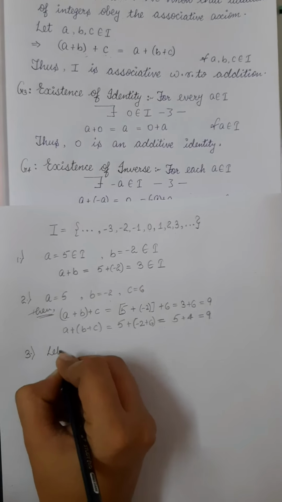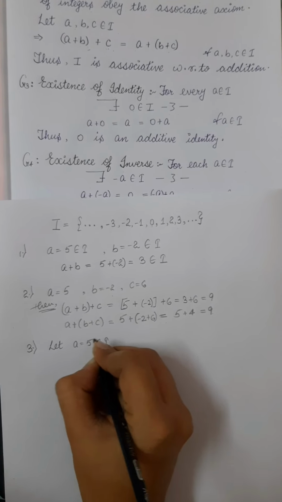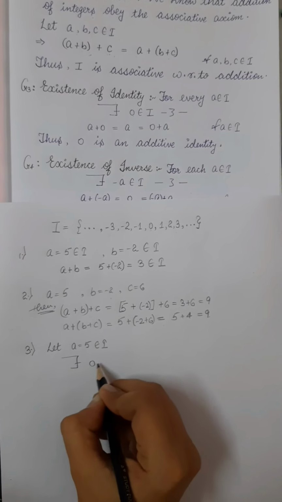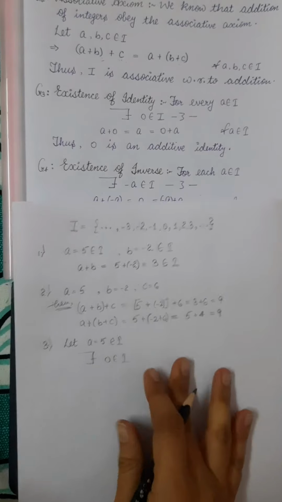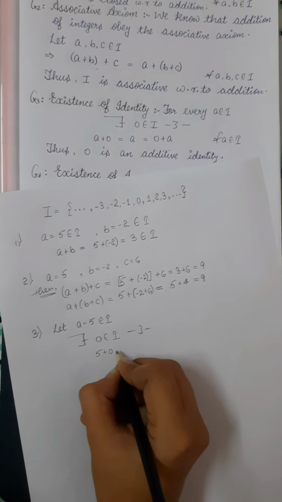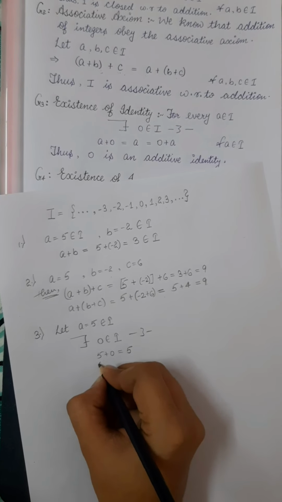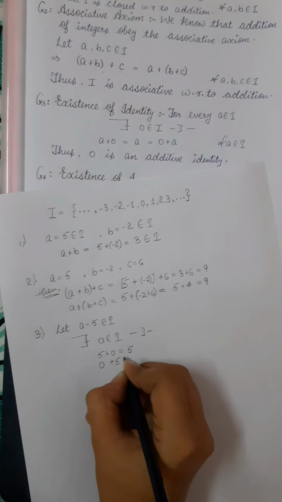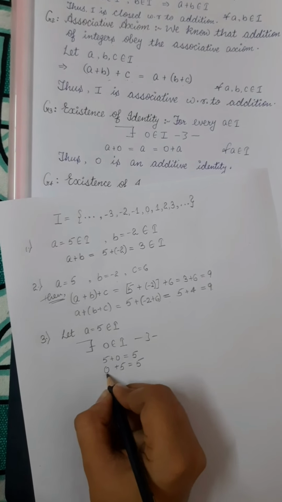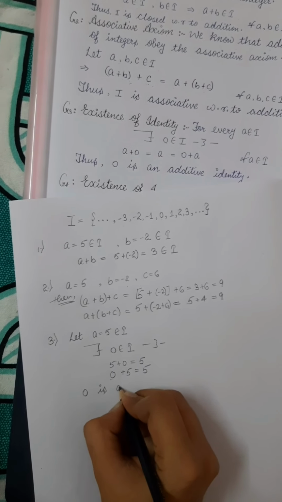Let a = 5, which is an element of the set of integers. Then there exists 0 belonging to I such that 5 + 0 always gives the same answer back, that means 5, and 0 + 5 also gives 5. So it indicates that 0 is the additive identity.